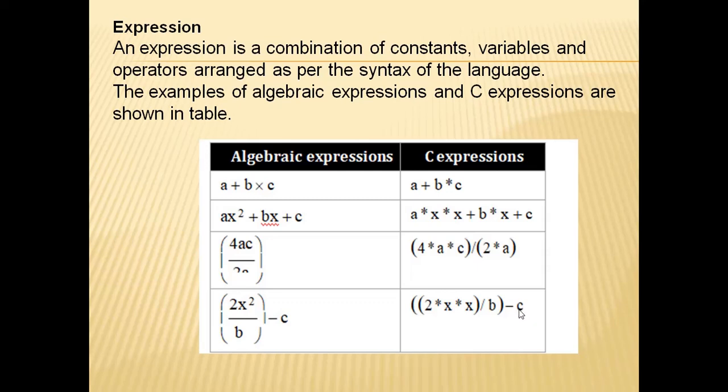See, this is the C expression for this algebraic expression. So here 2, x, b, c are the operands, and asterisk, division, minus are the operators. These three are the operators and these are the operands.